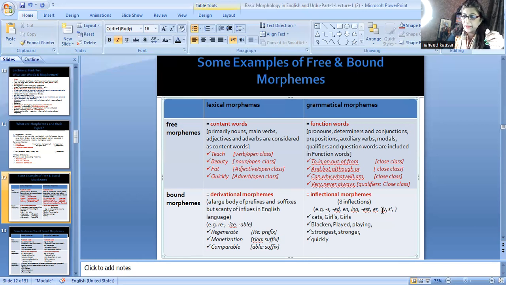And another inflectional morpheme is LY, which is added at the end of adjectives to change them into adverbs. And there is the apostrophe S also, which is usually used along with the citation form of the verbs like plays, cuts.